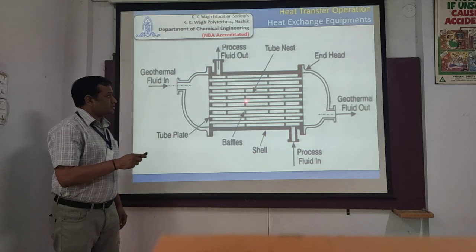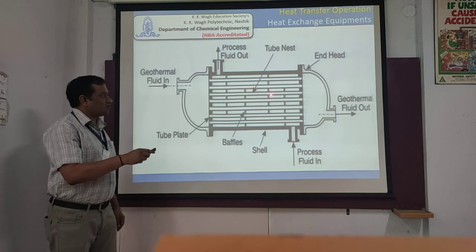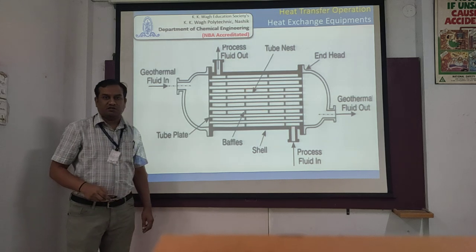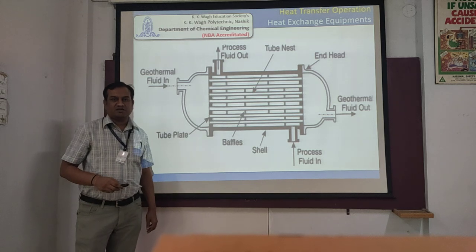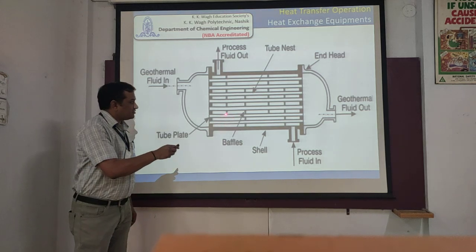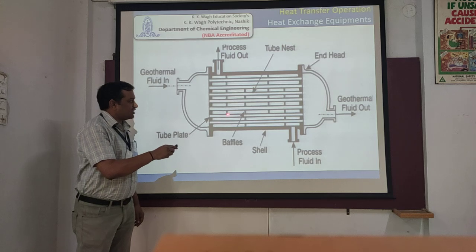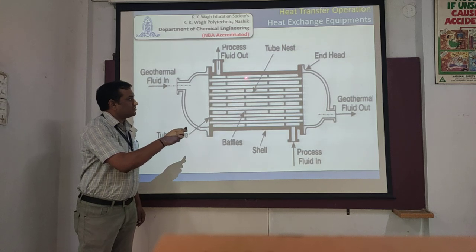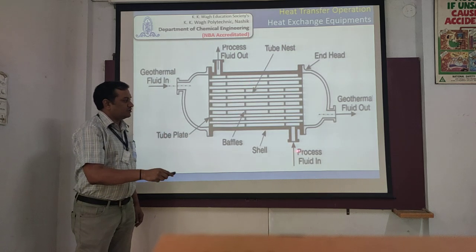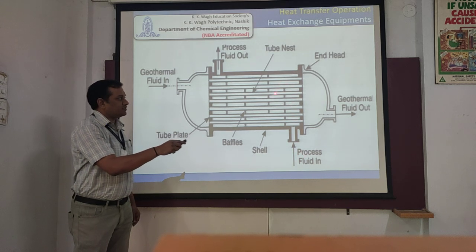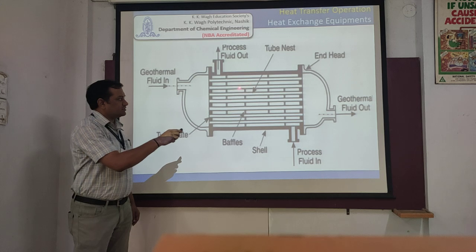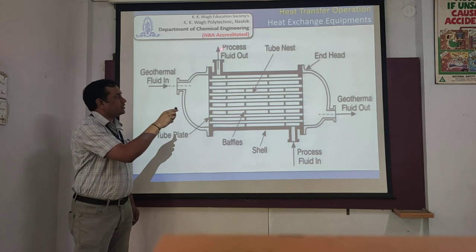Then here these baffles are incorporated in the shell. These baffles are generally 25% cut segmental baffles. It means the 25% part of this baffle is cut to process the fluid. So this is the process fluid. You can observe that this process fluid moves like this and out.